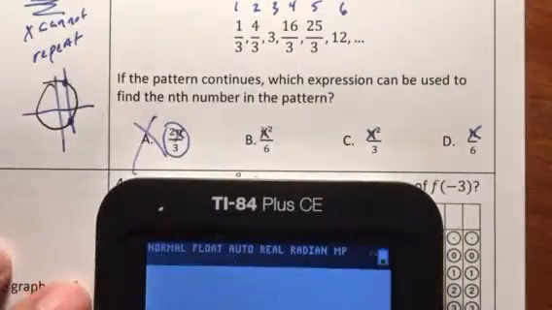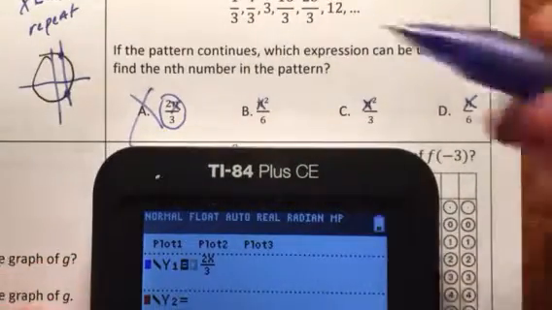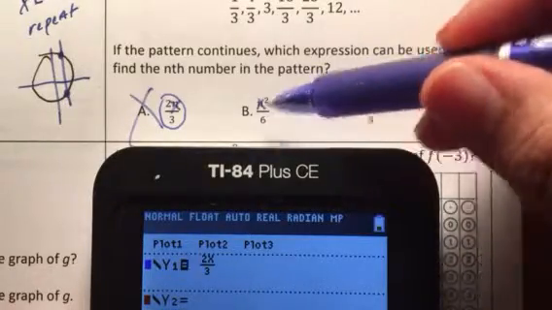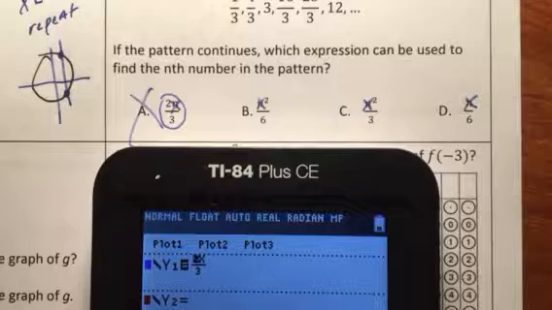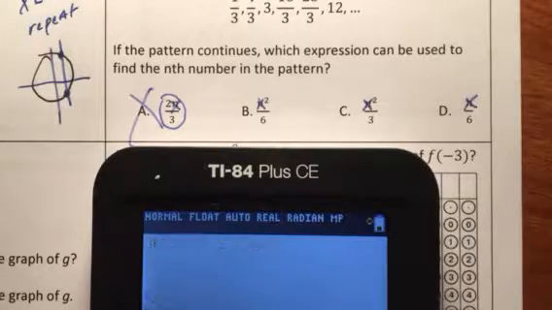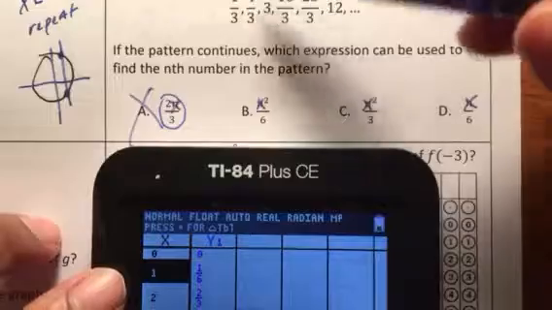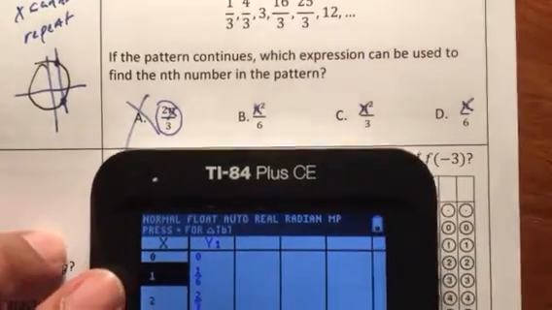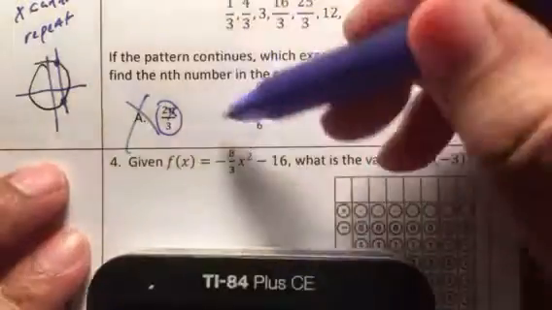Okay, so I would go back to y equals, and now I would type in the next equation, which is x squared over 6. Again, the first term should say 1/3. This one says 1/6, so I can stop there.